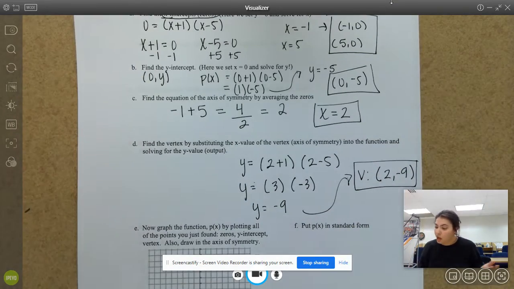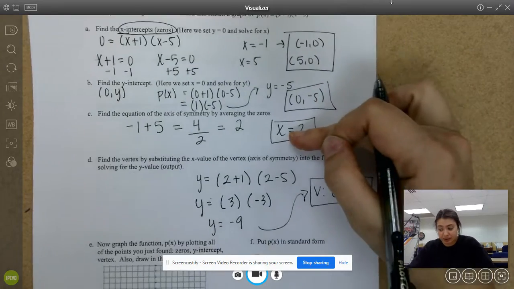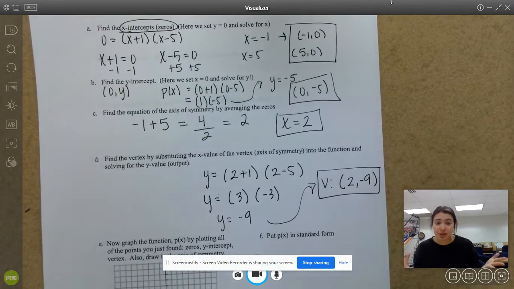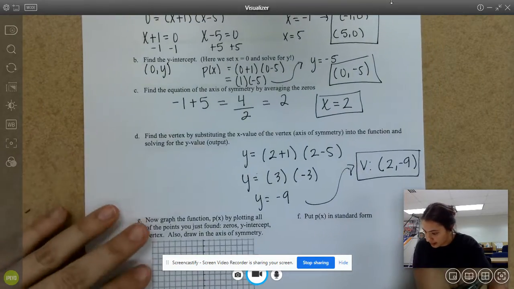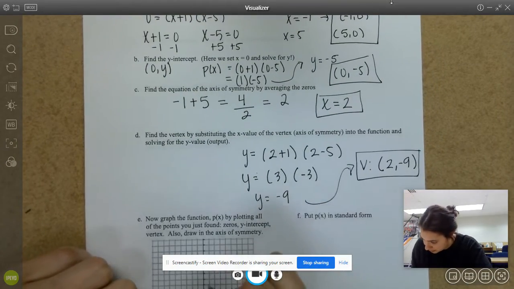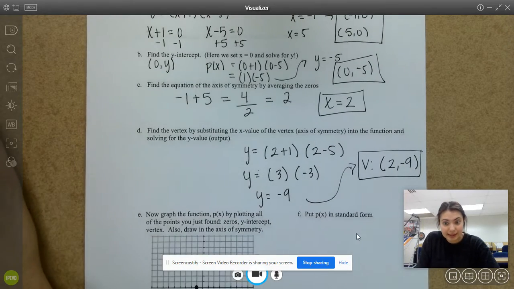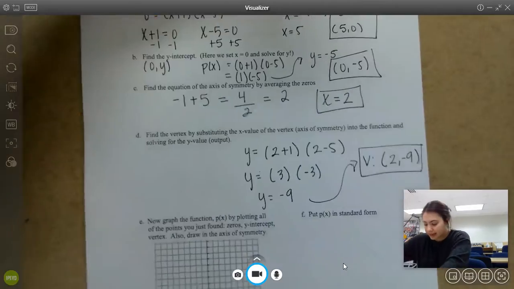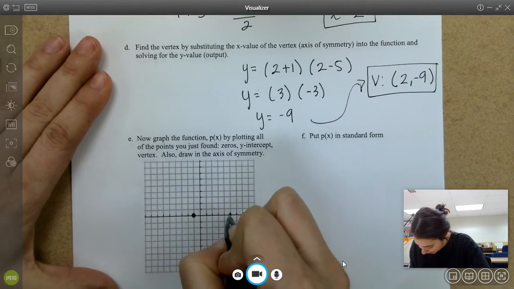Now we have x-intercepts, a y-intercept, an axis of symmetry and a vertex, which is enough information to sketch this parabola. So let's graph it. We'll graph our x-intercepts first. Negative 1 is right there, which you can't see because of this little bar, I apologize. Positive 5 is 1, 2, 3, 4, 5.